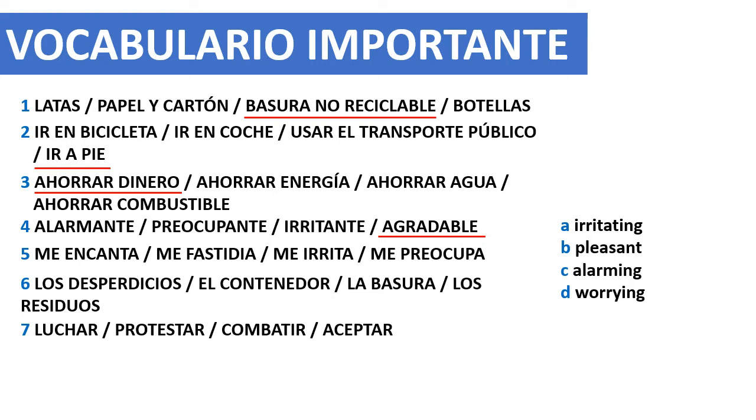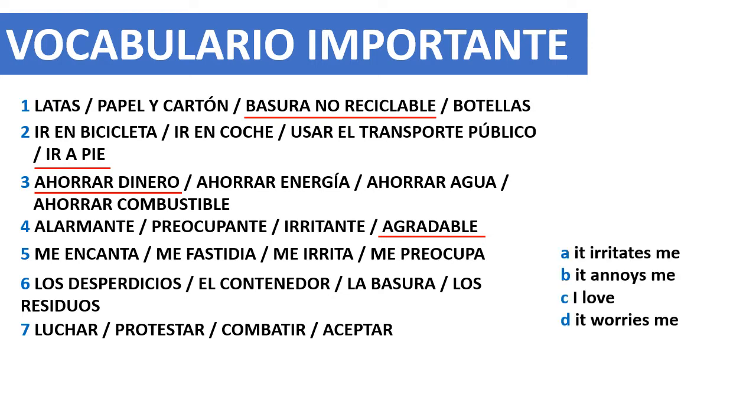Next one should be relatively easy, especially after having done number 4, so just 30 seconds to work out them phrases. So me encanta, we should definitely know is I love.